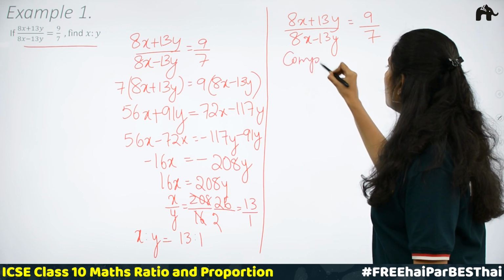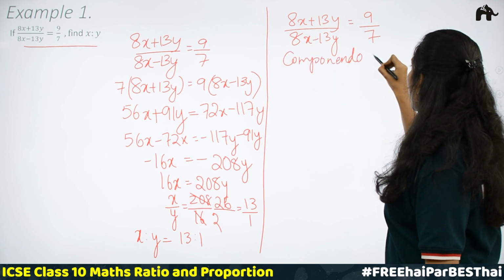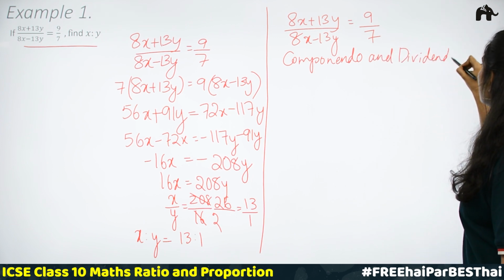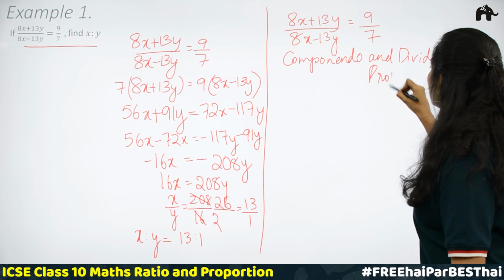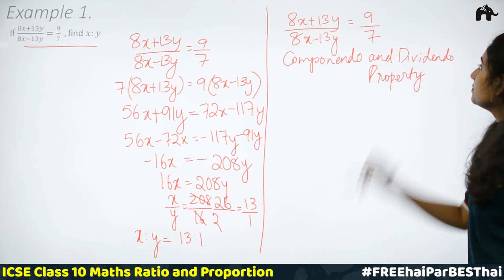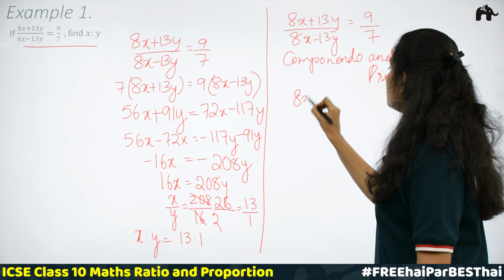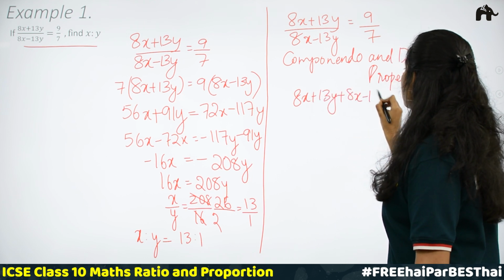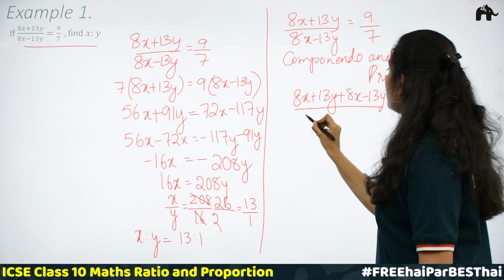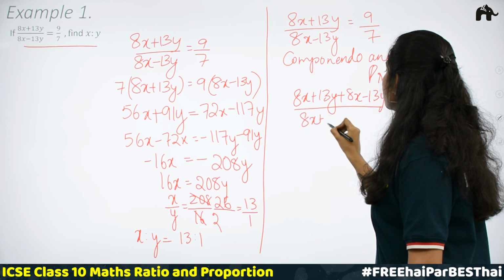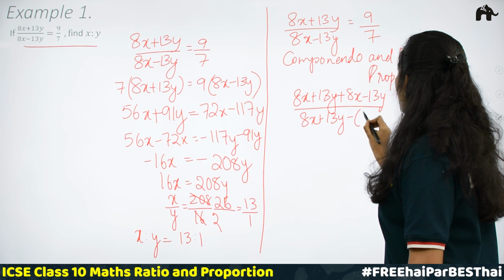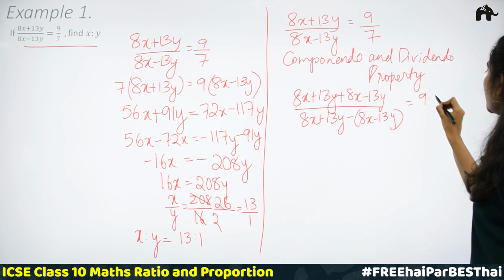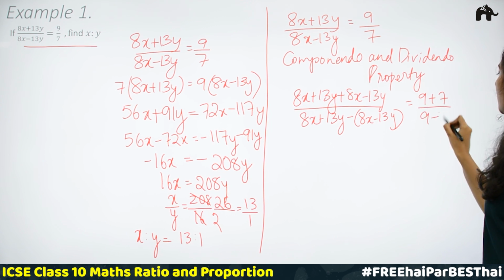Using componendo and dividendo property, we get (8x plus 13y plus 8x minus 13y) divided by (8x plus 13y minus of 8x minus 13y) is equal to (9 plus 7) divided by (9 minus 7).